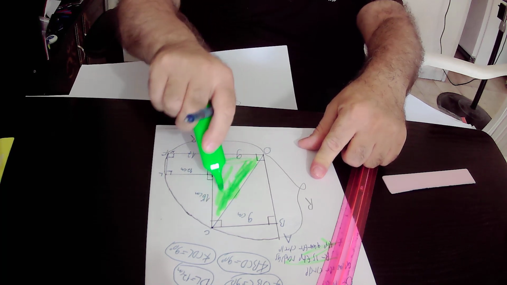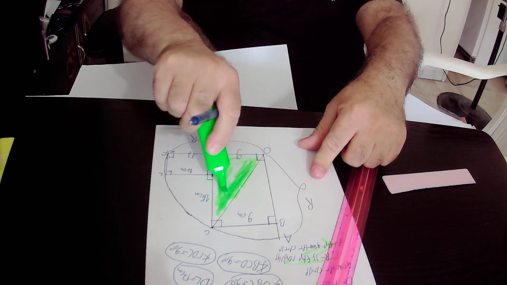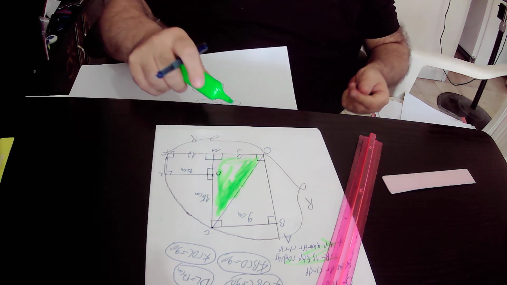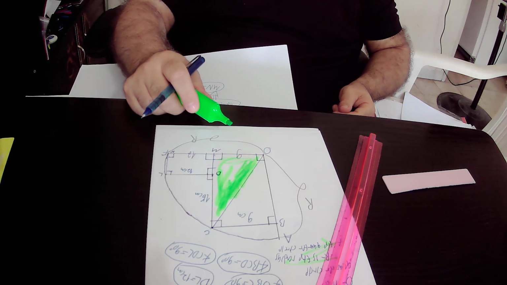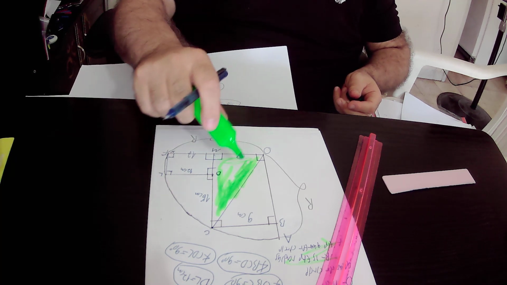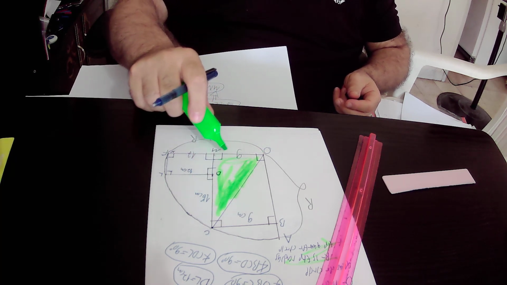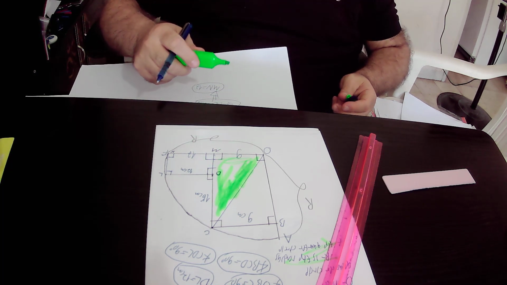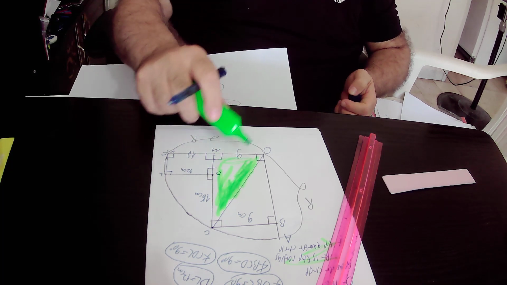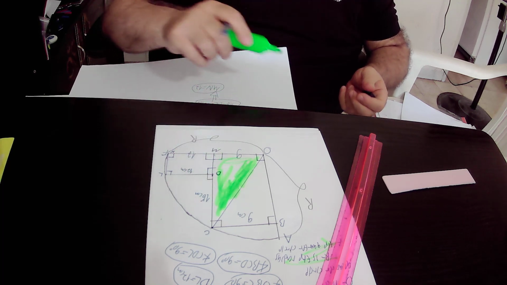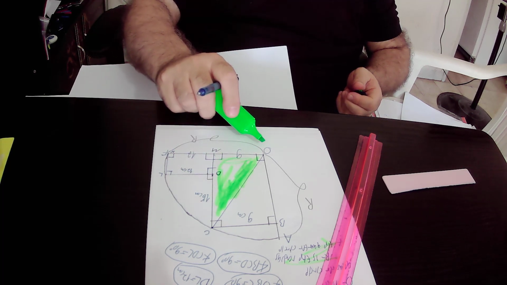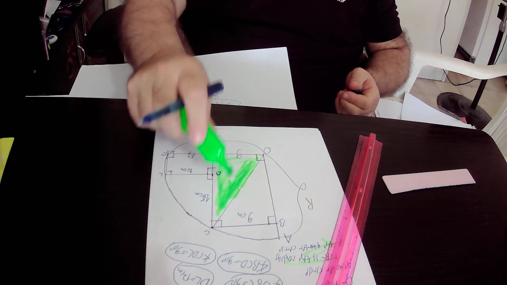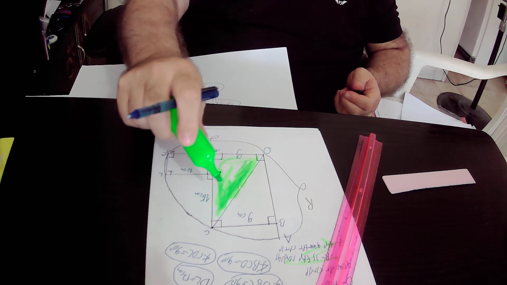What is the definition? OC, for sure, is the hypotenuse of this right triangle, but it is also the radius of the quarter circle that we are looking for. Why? Because point O is the center of the quarter circle. Point C is a point on the quarter circle itself.